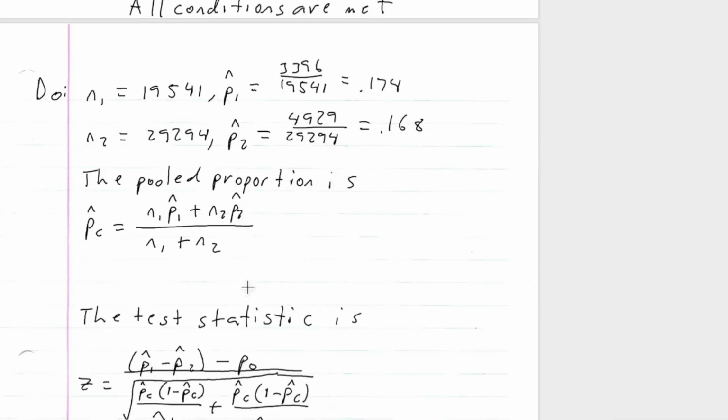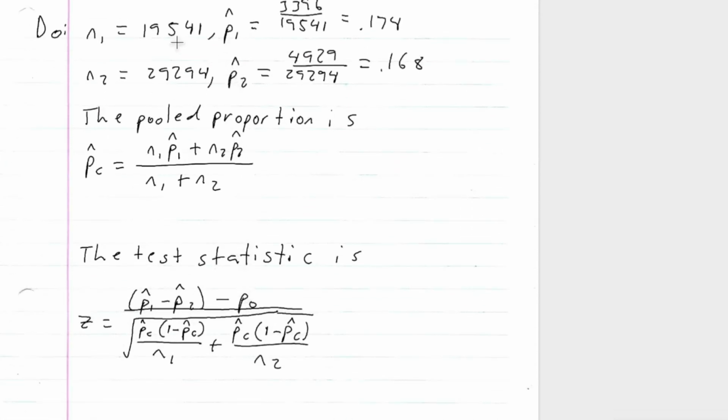Now let's go ahead and do our test. So here's n1, and then we did the calculation for P1 hat. Remember, it was 3396 over 19541, which is 0.174. And then n2 is 29294, and P2 hat was 4929 over 29294, which gives us the sample proportion of 0.168.